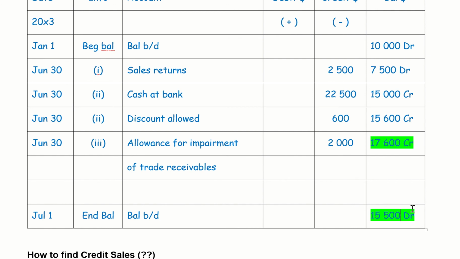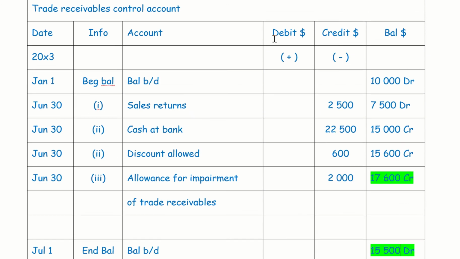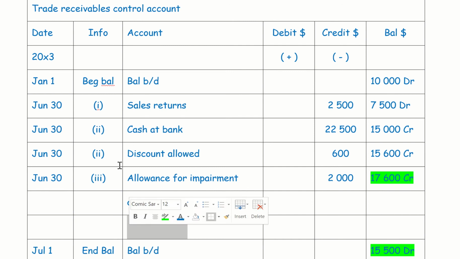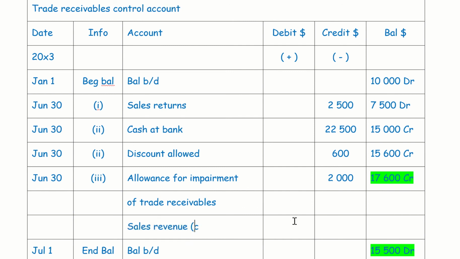The only item that will cause your trade receivables to increase is your sales revenue. So this is your sales revenue, and this is the amount that you have for credit sales. Your sales revenue is causing your $17,600 credit to become $15,500 debit.